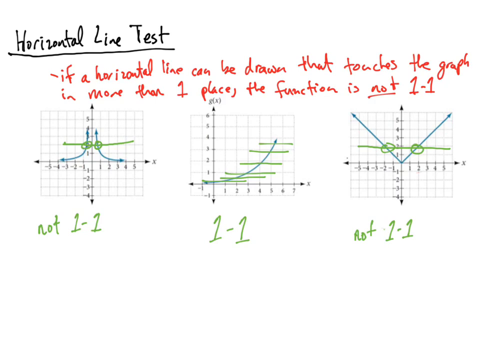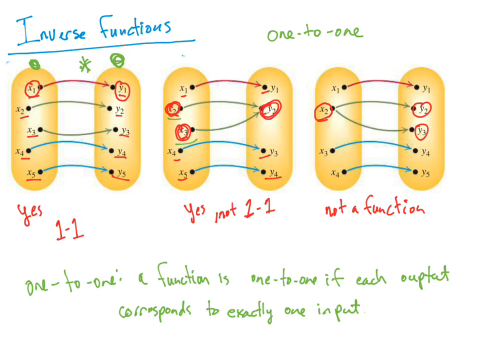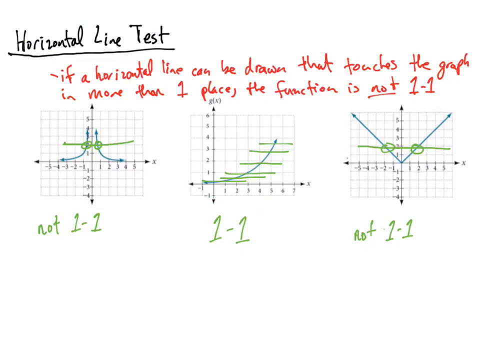And so this relates to what we saw back in the middle relationship where one output is getting pointed at by two different inputs. So let's look at this third graph, and what we see is those two locations that I circled have the same y value, and that y value is positive 2.